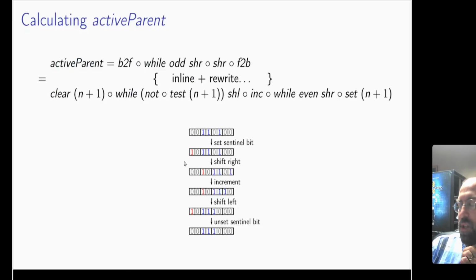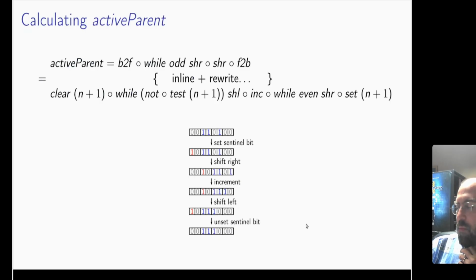Essentially what this is doing is finding the rightmost 1 and incrementing at that place. And this sentinel bit is just set to make sure that we can move things back to where they were before.